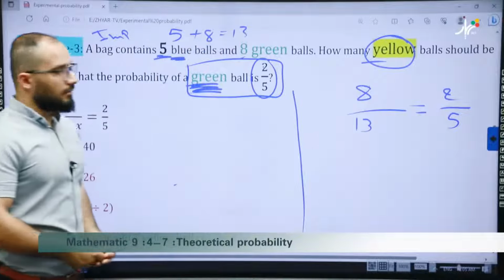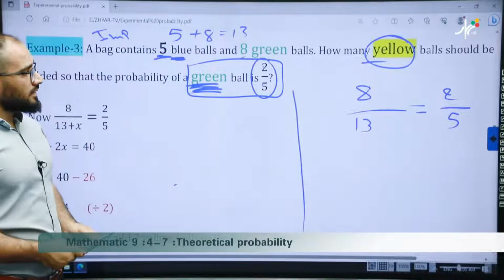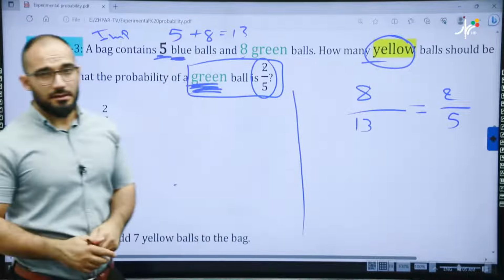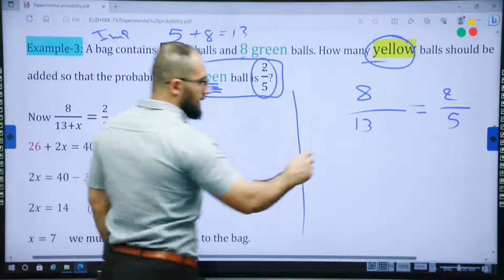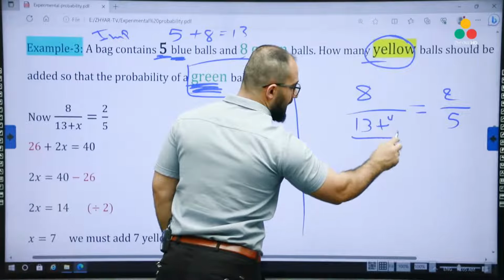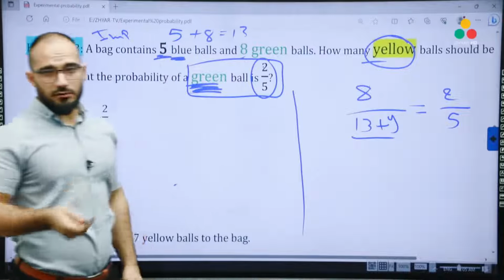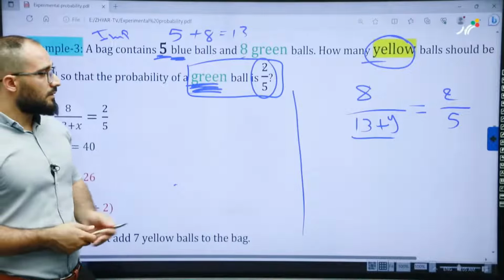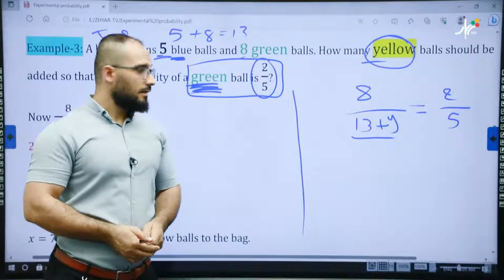Then, for the question, it says how many yellow balls should be added. So here in the total, how many yellow balls should be added? Instead of yellow, you are going to write a variable. It is y or x, no difference. So this is the equation.